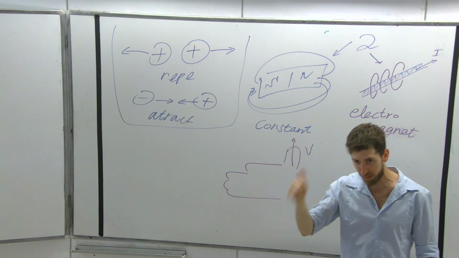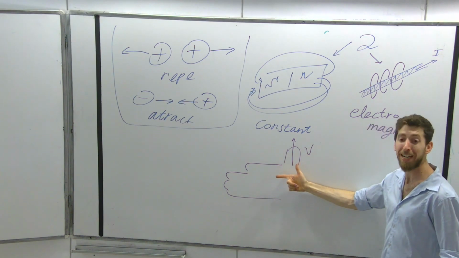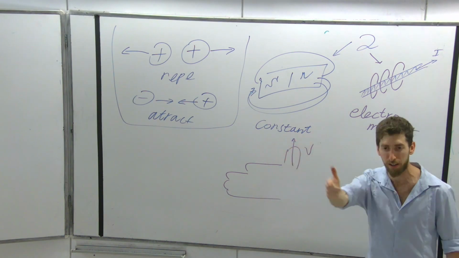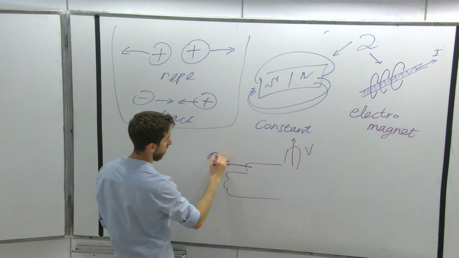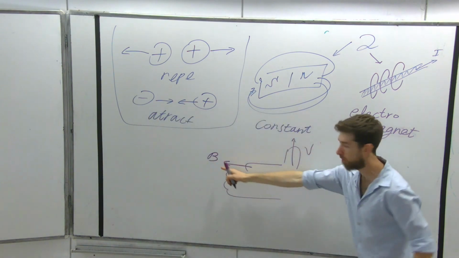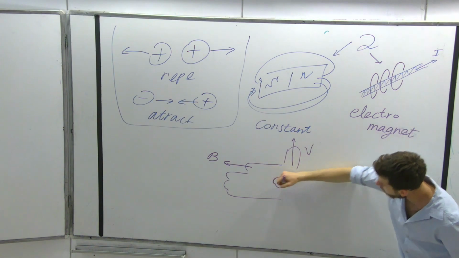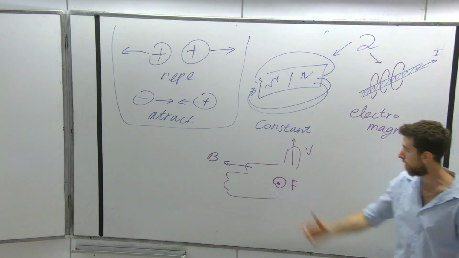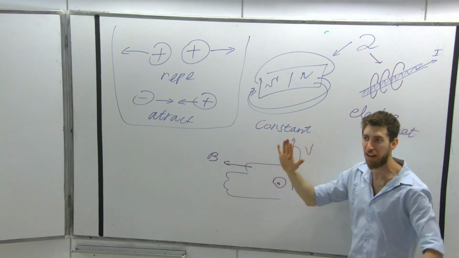This is the velocity. The magnetic field, I can shoot it like a gun. So this is the direction of the magnetic field, B. And here, this is the direction of the force. So V, B, F. The force is like giving a slap.